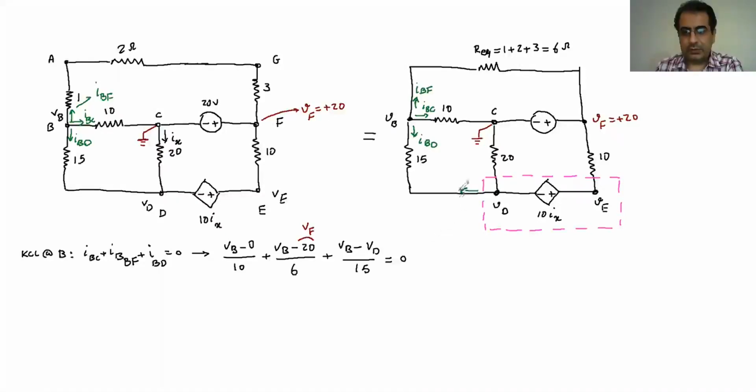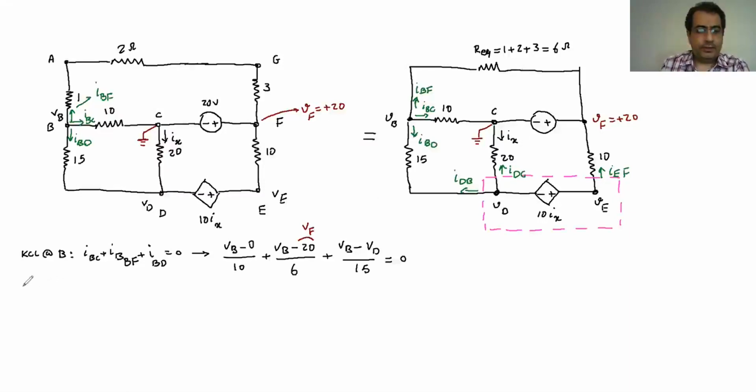So it's going to be the current goes from D toward B, then the current goes from D toward C, and then the current goes from E toward F. And I said this current also, we know that current in this one from here, we know is IX.